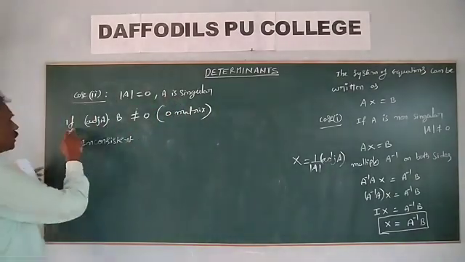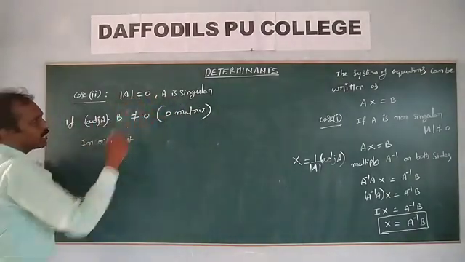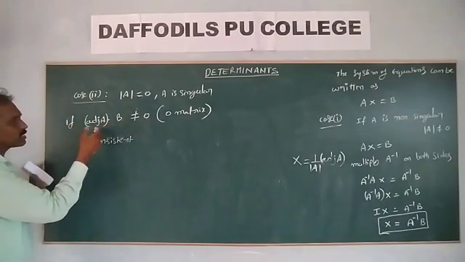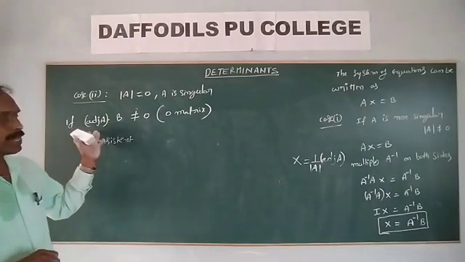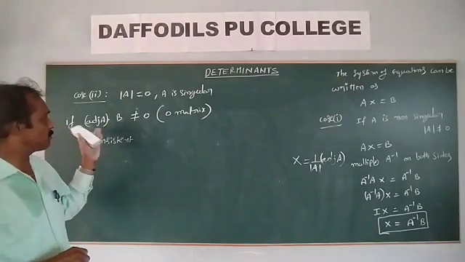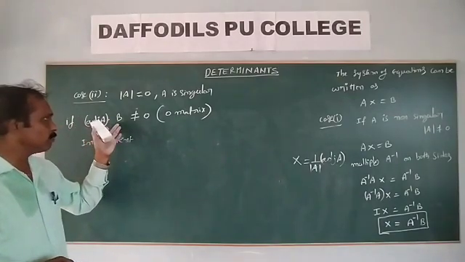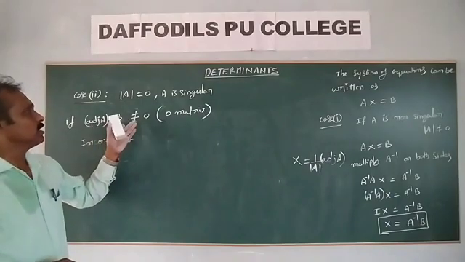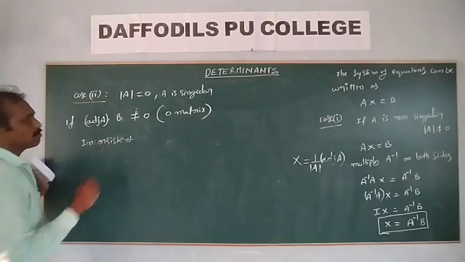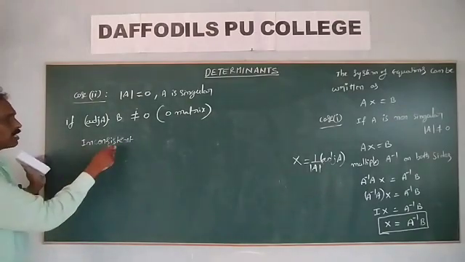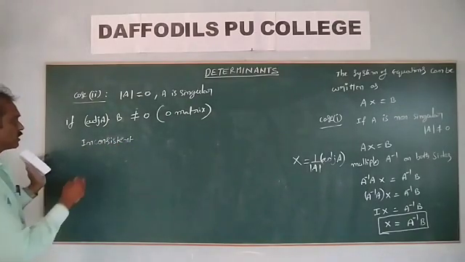So further check: if determinant A is equal to 0, clearly A is singular. And the next step, adjoint A into B. Adjoint A means the transpose of the cofactors of A. Find it and multiply into B. B means the constant matrix. If the value is not equal to 0, then the system of equations has no solution and is called inconsistent.